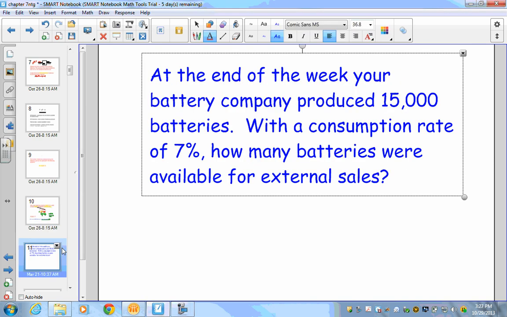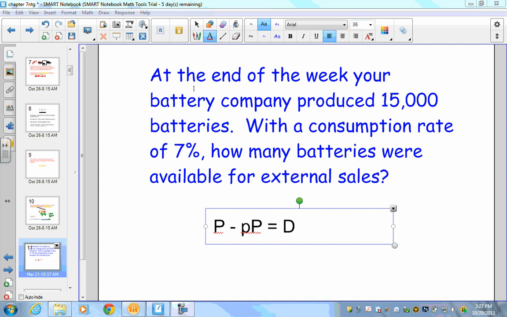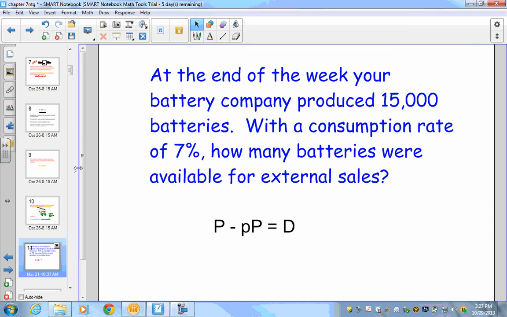All right, let's go to another question. At the end of the week, your battery company produced 15,000 batteries. With a consumption rate of 7%, how many batteries were available for external sales? Now, remember, guys, that you're dealing with the formula, which is P minus little p times big P equals D. Now remember, now in the problem, it's telling you how many were produced.